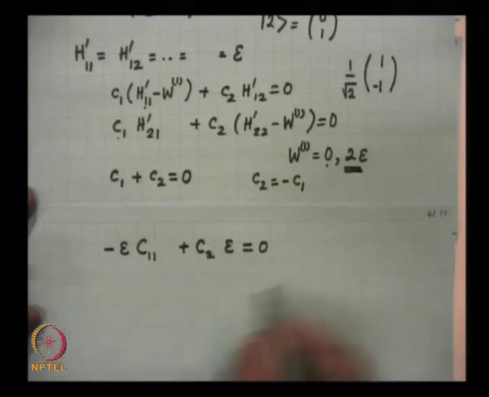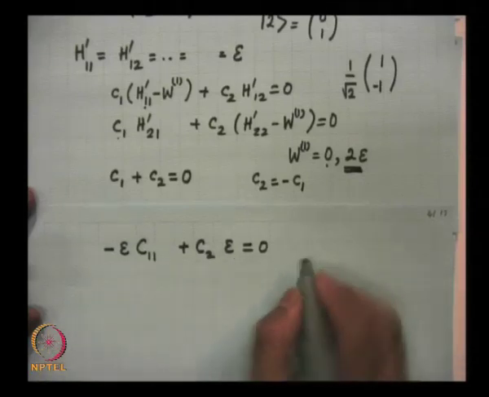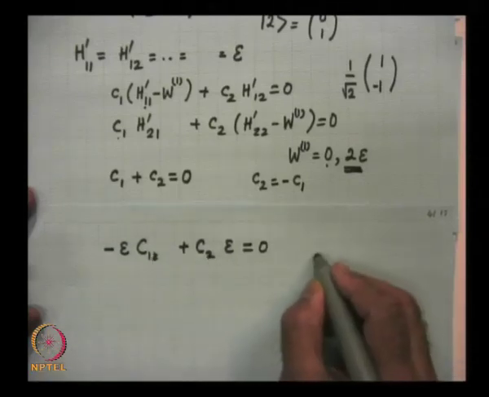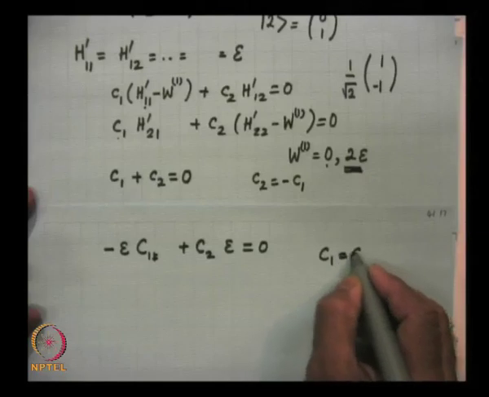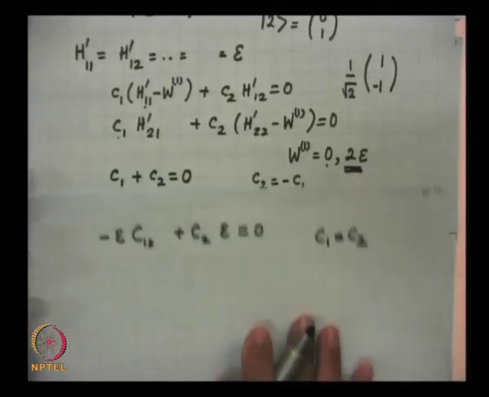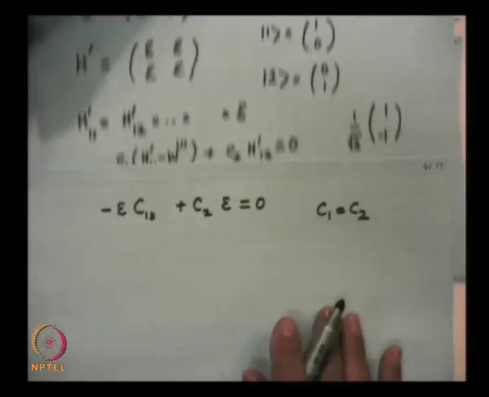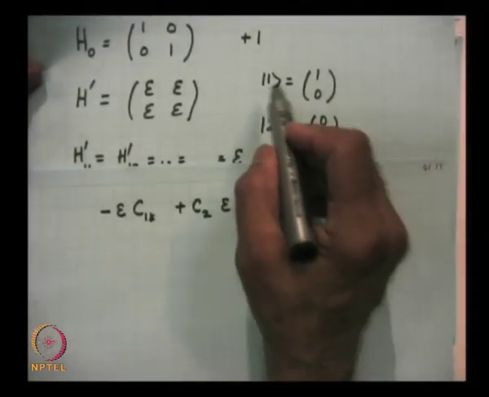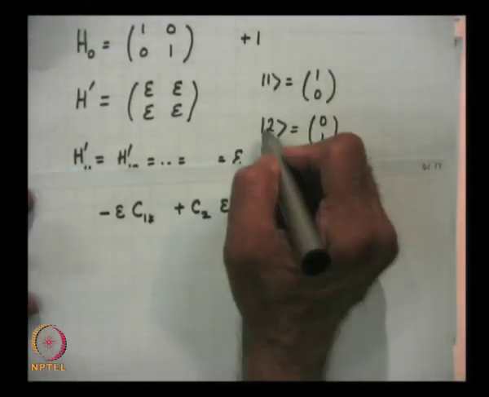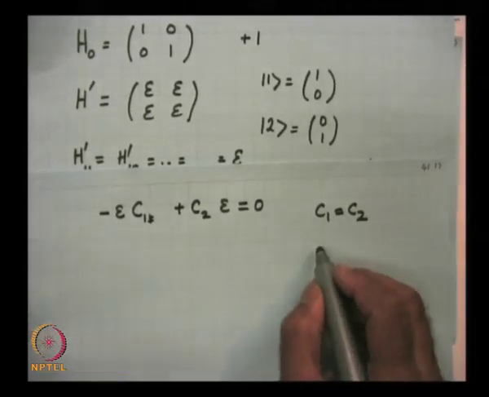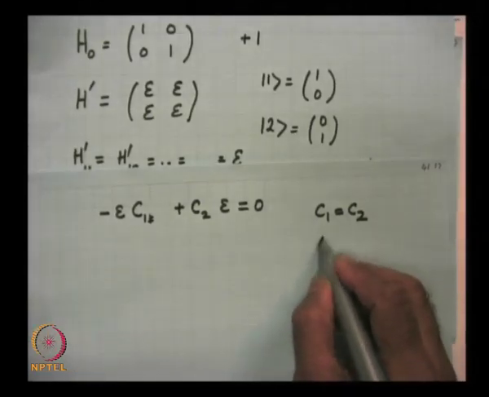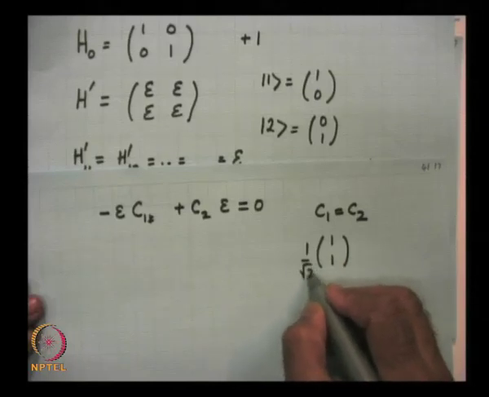So, epsilon cancels out, and C 1 becomes equal to C 2. So, my eigenket is C 1 U 1 plus C 2 U 2, where C 1 is equal to C 2. So, my eigenket becomes 1 1 under root 2.